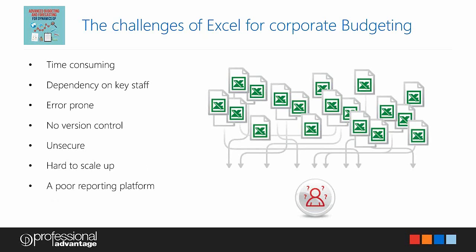And there's a few common features here. We quite often get called in because the budget process is taking an incredible amount of time, months and months. The organisation would like to do rolling forecasts or quarterly or monthly forecasts, but you can't. The budget via Excel is just too time consuming.